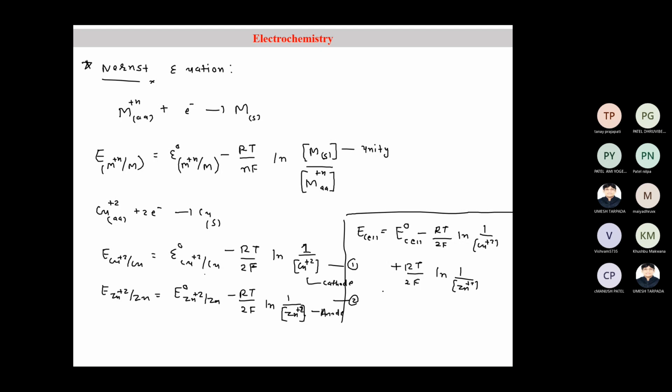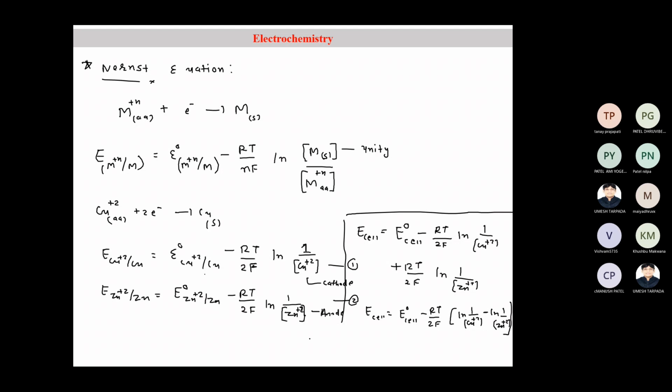Now, in both terms RT upon 2F is common. Suppose you take minus RT upon 2F common, then in the bracket this becomes plus ln 1 upon copper plus 2 minus ln 1 upon Zn plus 2.